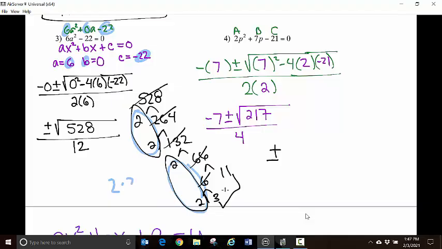When we pull out this 2, 2 times 2 is 4. And then what do we have left in there? 3 times 11 is 33 divided by 12. That's better, but can you guys see anything that could divide farther?